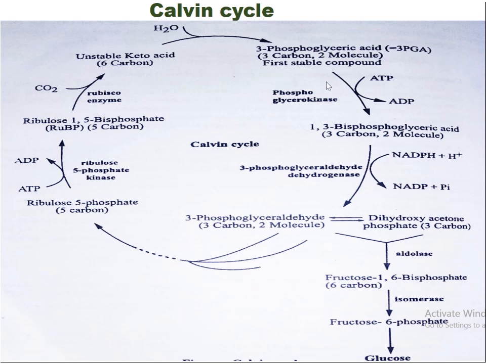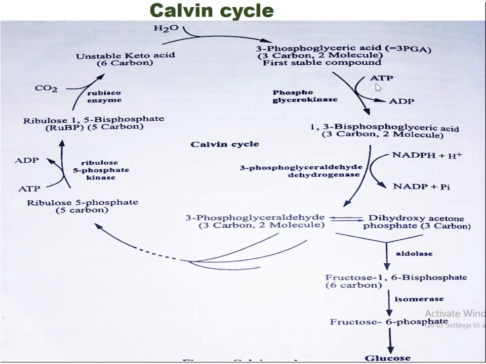And then the second phase of this Calvin cycle, which is the phosphorylation. In this phase energy reacts with chemicals to create a simple sugar, 3-phosphoglyceraldehyde. So in this phase from 3-phosphoglyceric acid we are going to produce 3-phosphoglyceraldehyde. See, 3-phosphoglyceric acid receives one molecule of inorganic phosphate from ATP.